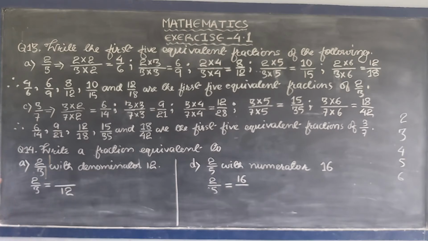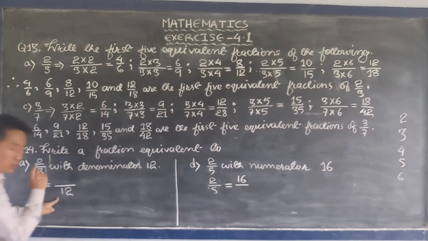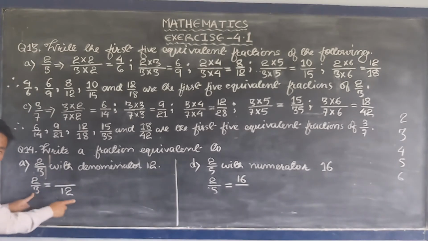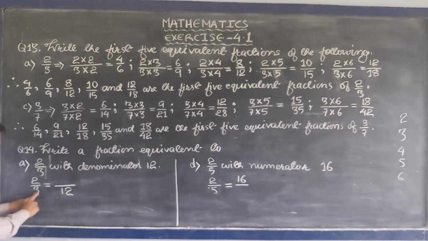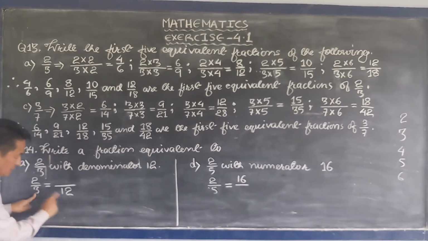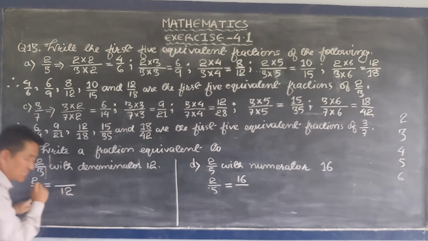The number on the top of the fraction is known as numerator. Here 2 by 3 with denominator 12. Now you can see here, divide this 12 by 3. 3 ones are 3, 3 twos are 6, 3 threes are 9, 3 fours are 12.